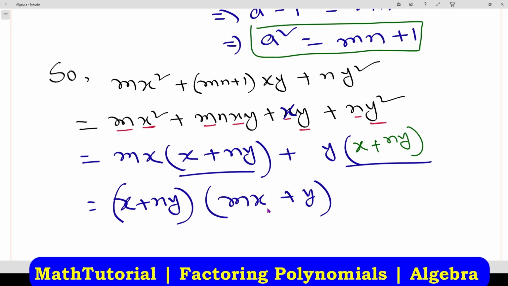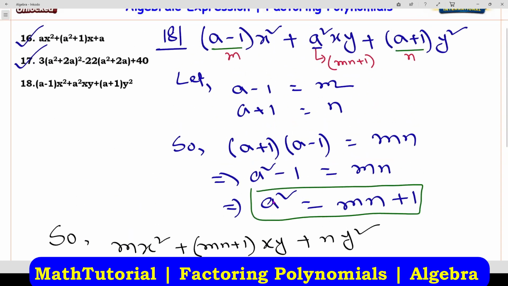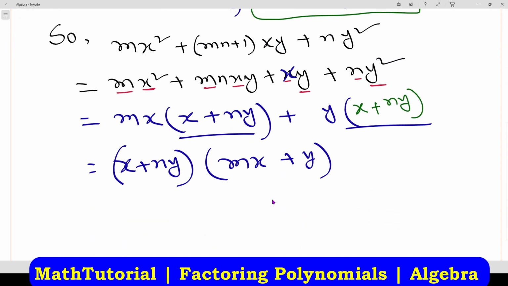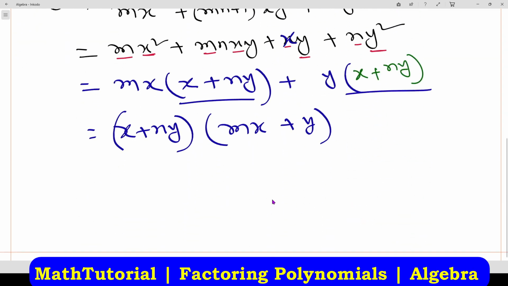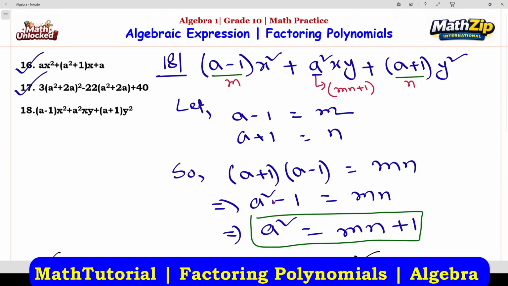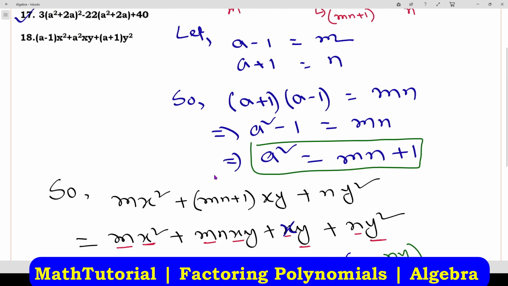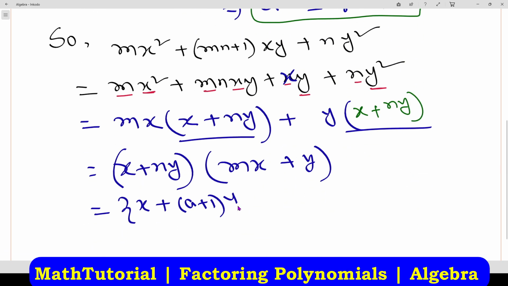Okay, so is it finished? No. Now we will substitute the values. N means a plus 1. M means a minus 1. So x will be unchanged, plus n means a plus 1, let's check again, a plus 1 equals n, times y. Again, m means a minus 1 times x plus y.